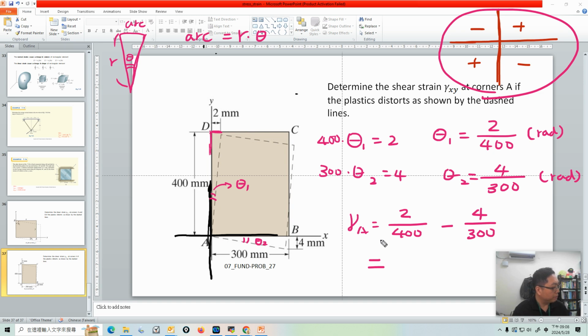Eventually it will become minus 0.00833 radian. So here you have to use the quadrant rule to determine the sign of shear strain.